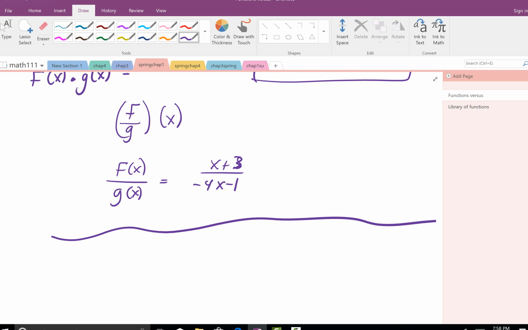All right, I want to do this here. Let's go y equals... There we go.